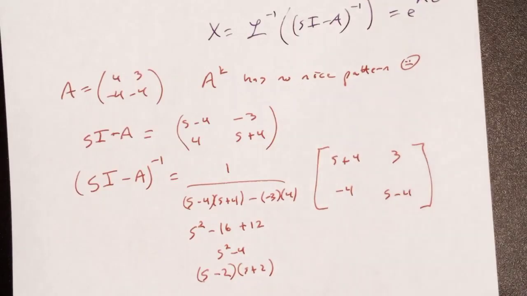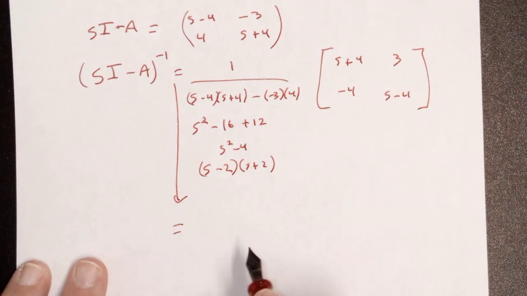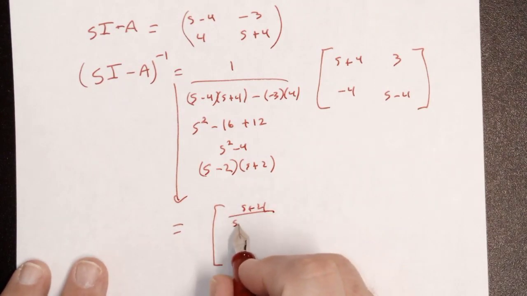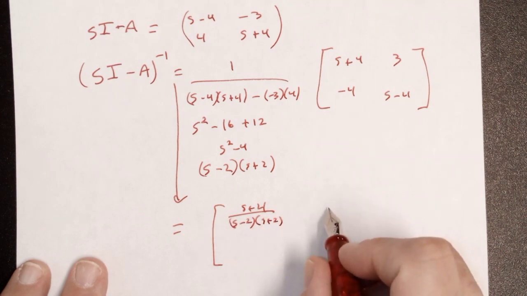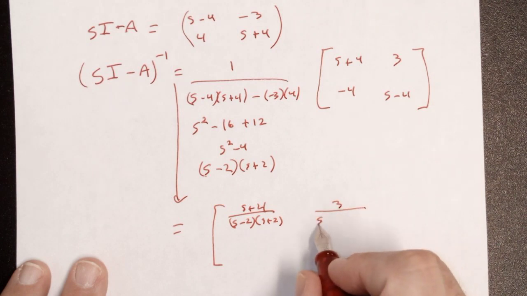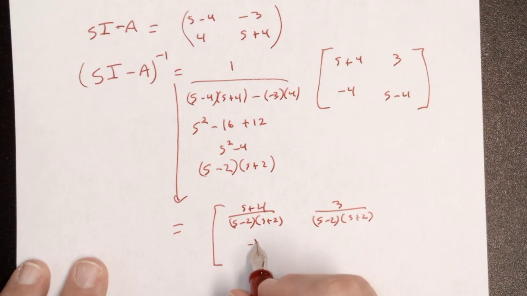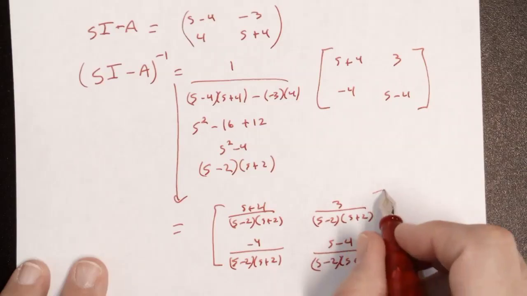Which means this matrix is s plus 4 over s minus 2, s plus 2. This is 3 over s minus 2, s plus 2. This is negative 4 over s minus 2, s plus 2. And this is s minus 4 over s minus 2, s plus 2.